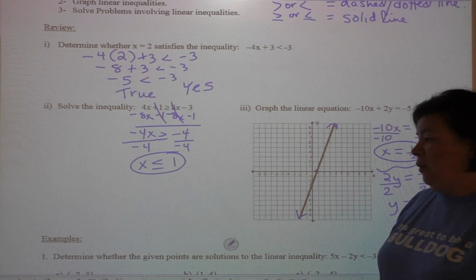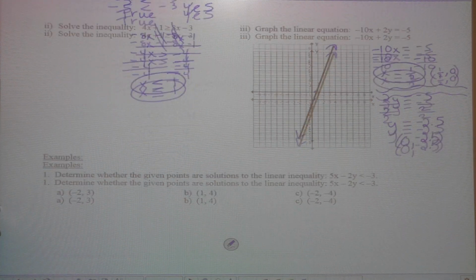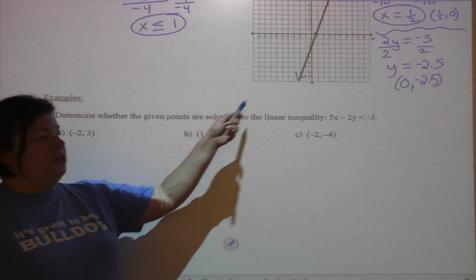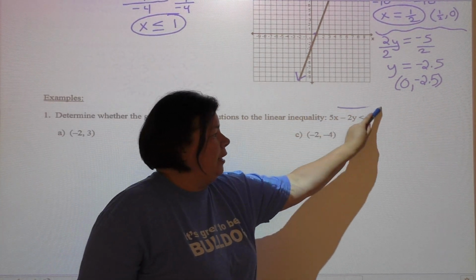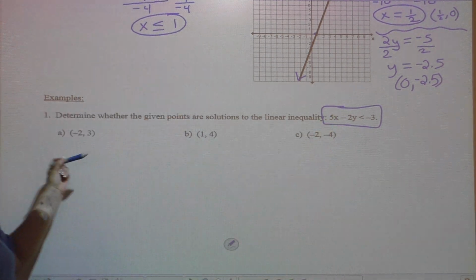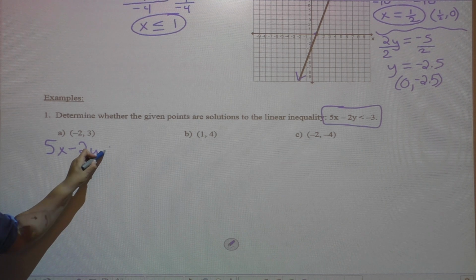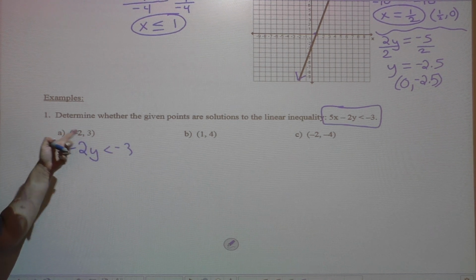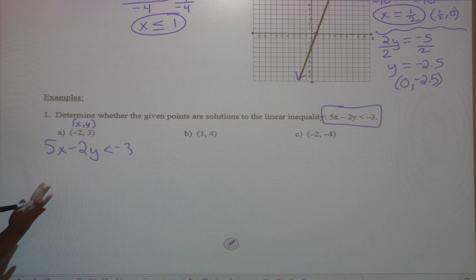And that's it for the review, but now we're going to show you how to determine whether the given points are solutions to this linear inequality. So here we're given this linear inequality, and we're basically going to decide whether or not these ordered pairs are actually a solution to this inequality.